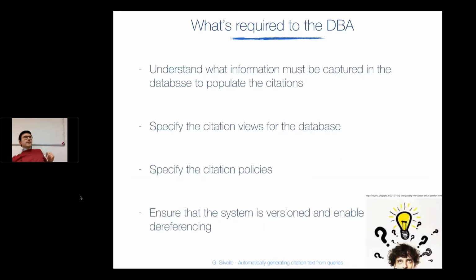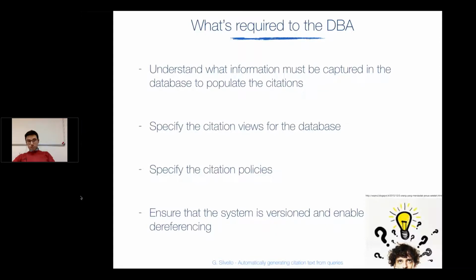Basically, this system works in this way. The DBA has to define some views, and these views have to be defined by looking at the most frequent queries or the most relevant part of the database. Then the DBA has to specify a citation query for each view.